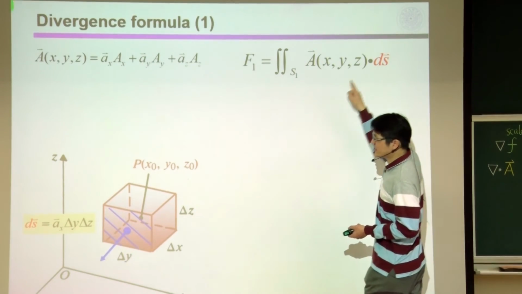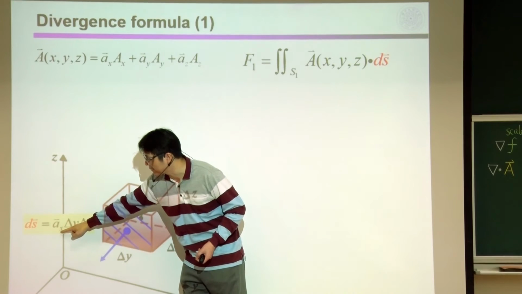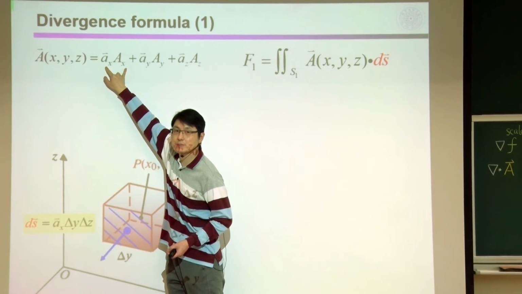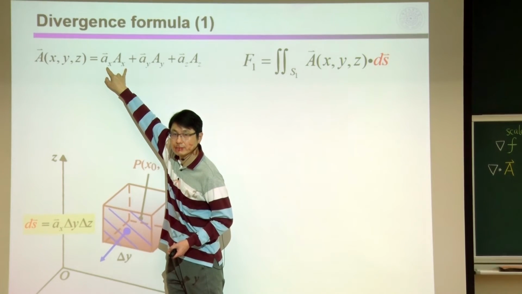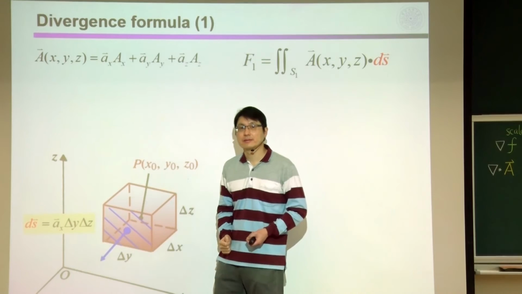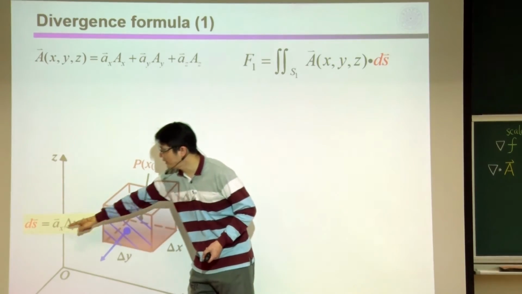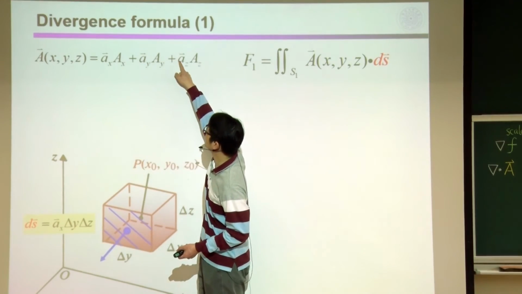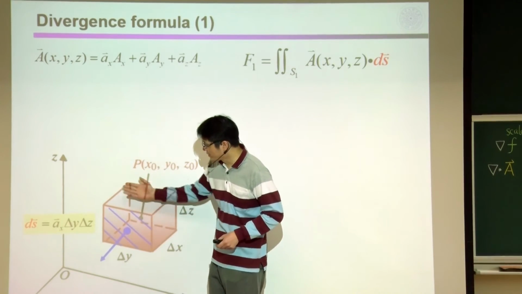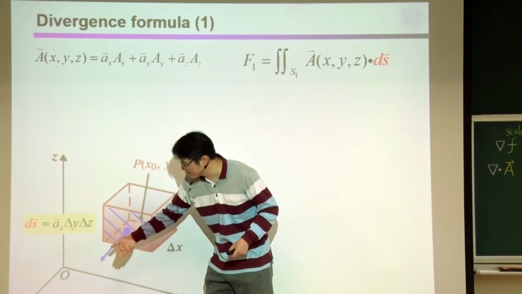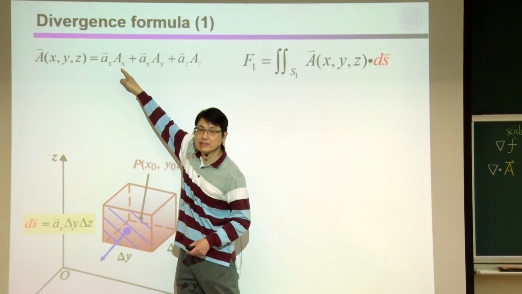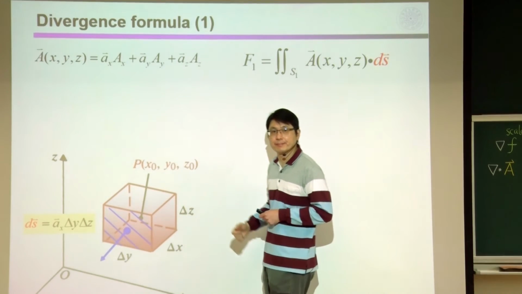Your ds only has the component in the x direction, so only this one is being evaluated at this surface, because you know ax dot ay or dot az are both 0. Okay? So for the surface, it only samples how much flow of ax is there.